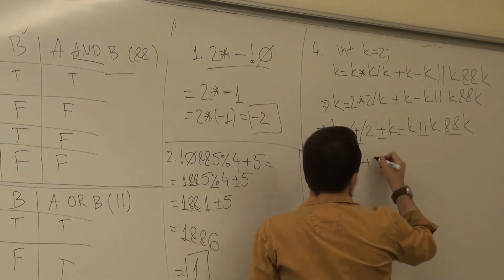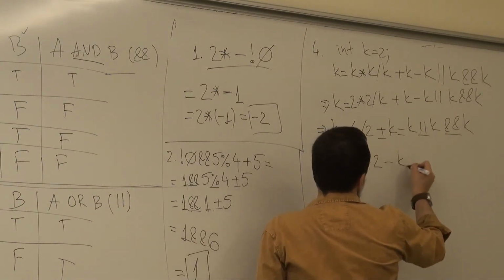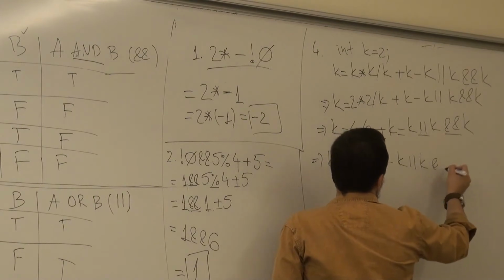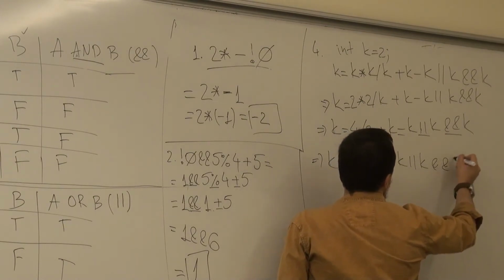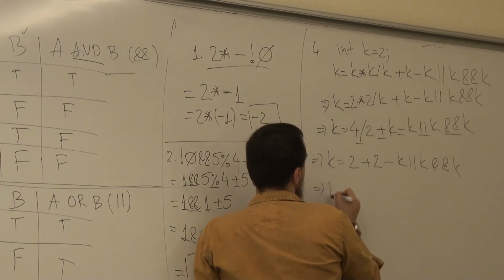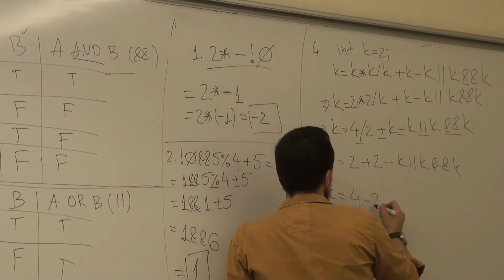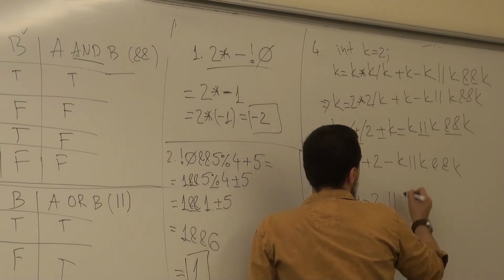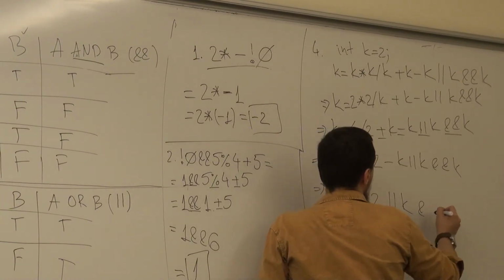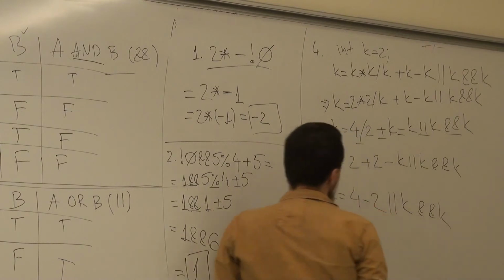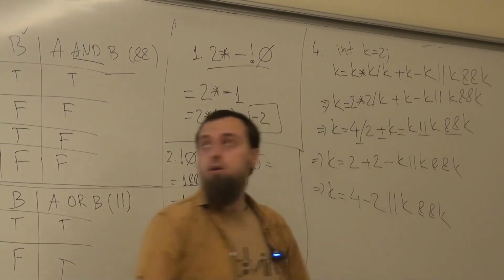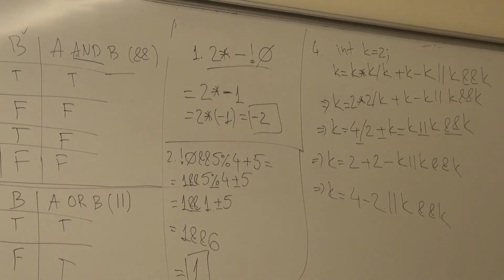Plus, we have, again, 2 minus k and k, or k and k. This is k is equal to 2 plus 2 is 4 minus k, which is 2, and k, or k and k. Again, you see that addition and subtraction have priority before and or.